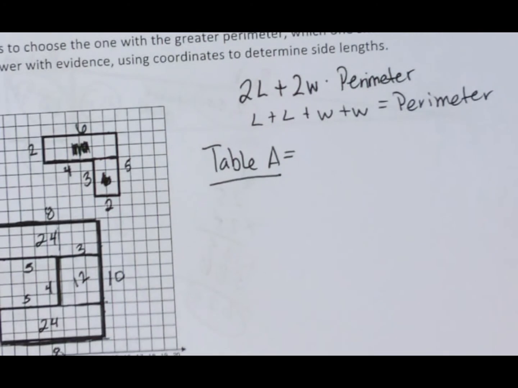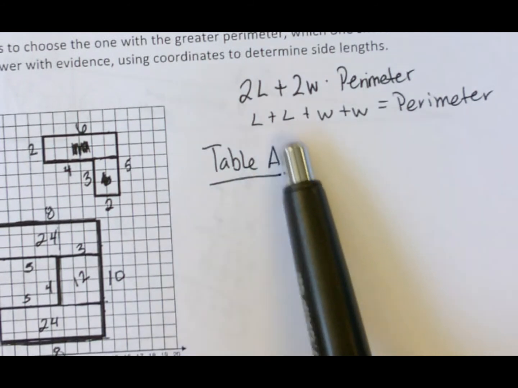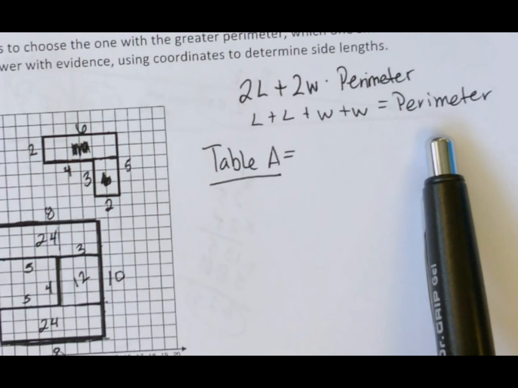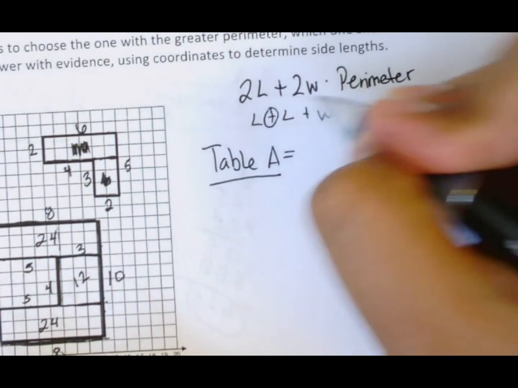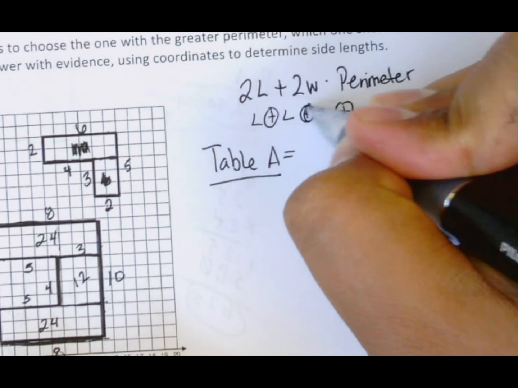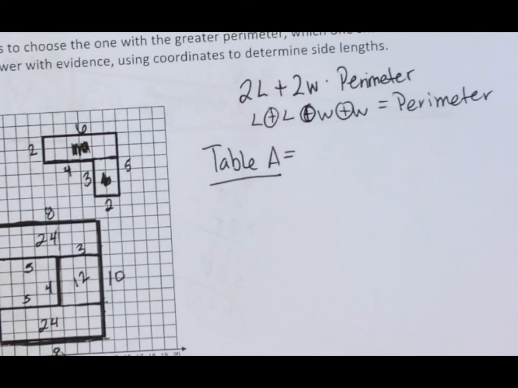Let me ask you guys a question. What is this right here? Length. Go ahead and read the formula out loud for me. Length plus length plus width equals perimeter. Okay. With that being said, what do we need to do to find a perimeter? What signs do you see here consistently? So in order to find the perimeter then, what are you doing? Adding what? Everything on the outside? Can we do that? Do we have all the numbers ready for that?